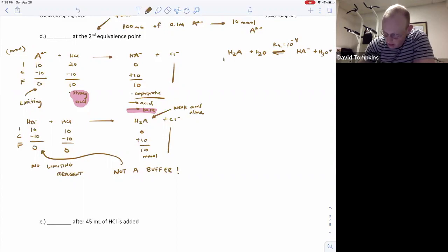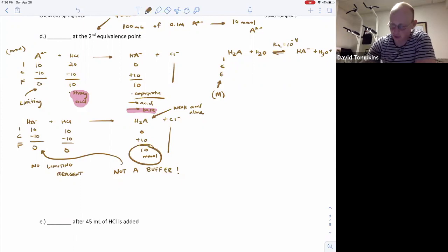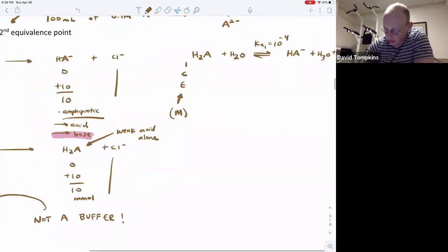And this is not an ICF table, right? This is an ICE table now, where we must do equilibrium problems in molarity. Okay, let me clean that up. So we have the millimole value down here, but we need to do molarity.